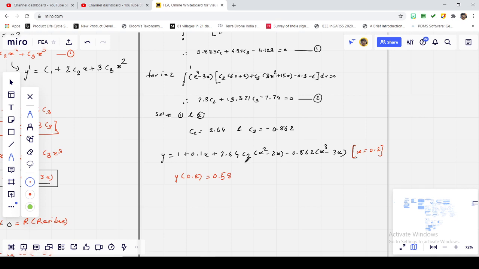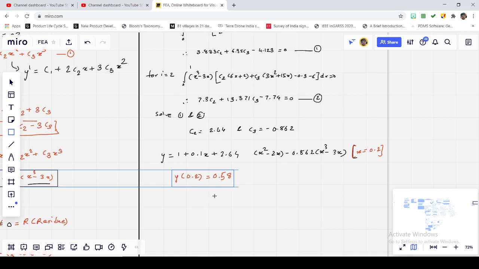Sorry, this C2 will not be there. I mistakenly wrote that. So we only have the constants and x, and you will be substituting that x into the y equation, and you will get the value of y at 0.2, and we are interested in this value, and this value basically represents the value of y using Galerkin method.